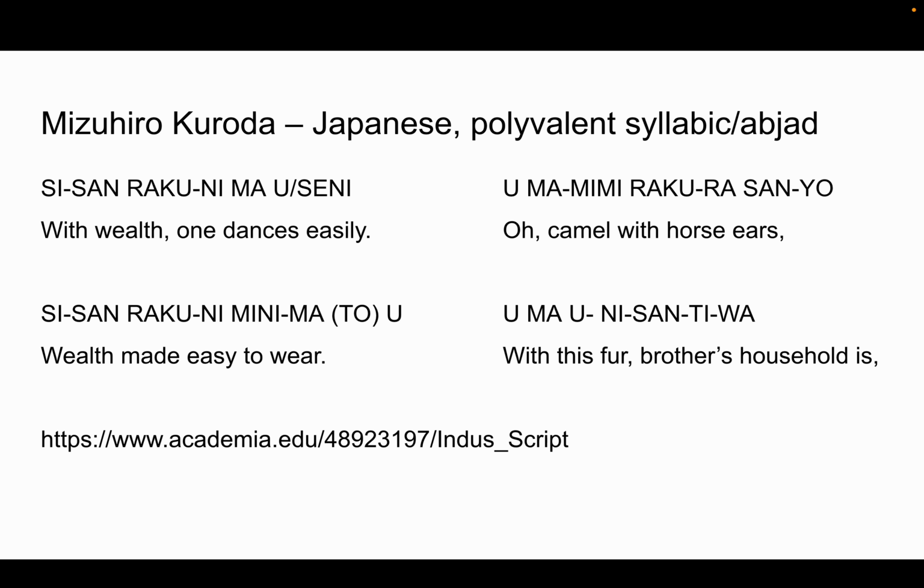This is not a sentence you expect in any literature of the world. Or with this first brother's household is. Fur and the brother and the household, they just don't belong together. Your brain will not find a place in its conceptual framework to place this phrase.